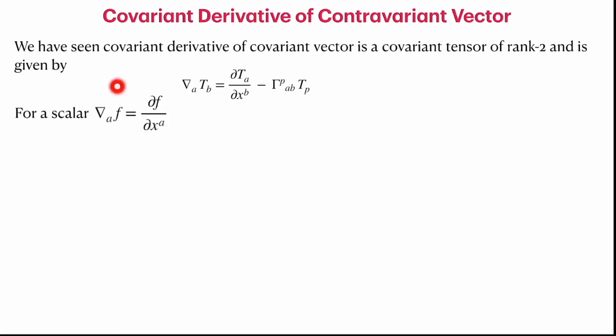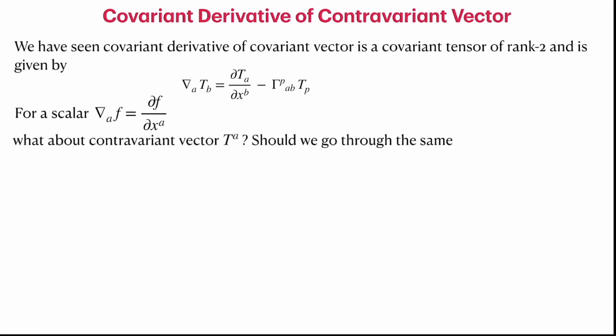Now let's look at the scalar. A scalar transforms very easily, and its differentiation gives rise to a vector that is a covariant vector of rank 1. Now, can we also do a covariant derivative of a contravariant tensor? Of course, you can do the whole exercise we have done for the covariant derivative.